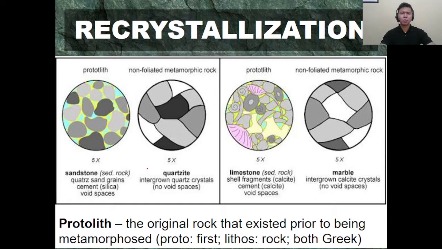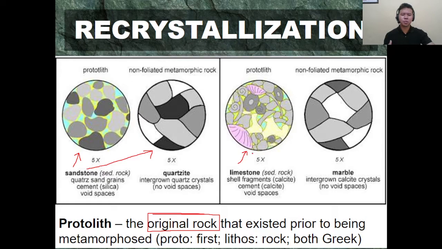Let's say, for instance, we have the protolith sandstone. When we say protolith, it's the original form. When recrystallized, a sandstone can turn into quartzite, maintaining its composition, but the arrangement is slightly changed. Next, we have limestone, the protolith, the original structure.